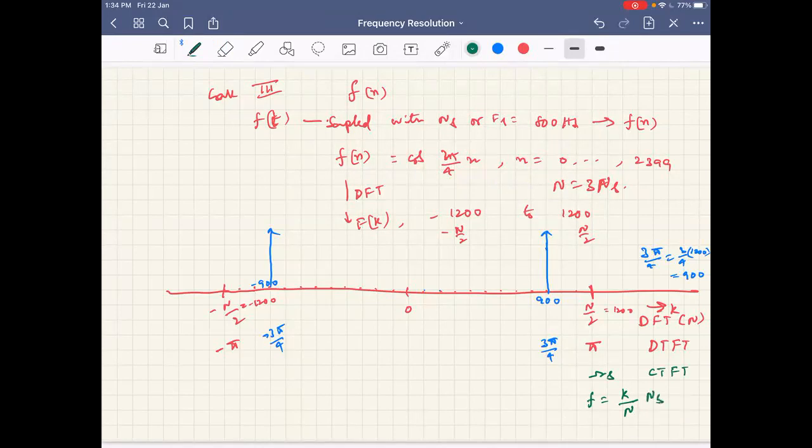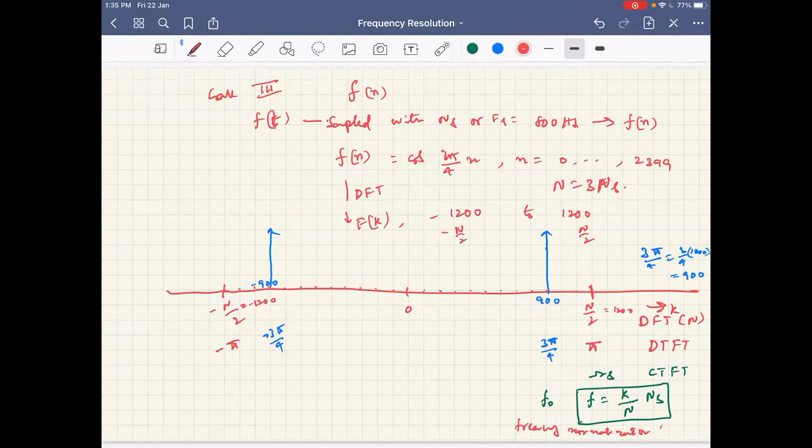Because we would like to normalize first with n and then multiply with ns to get the corresponding minus pi to pi region, or the corresponding exact frequencies. So f naught, this is the frequency normalization. This formula is the same for all; just substitute n and ns.